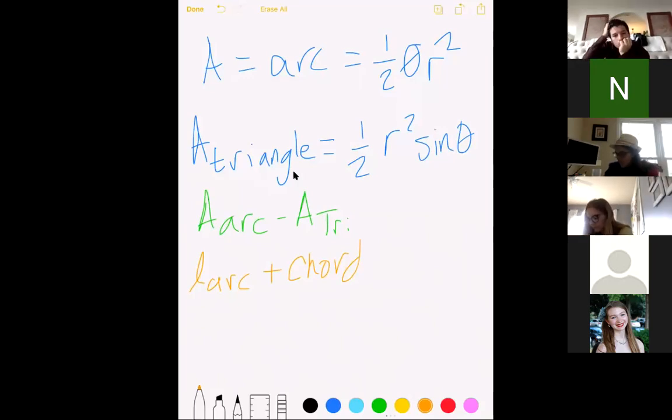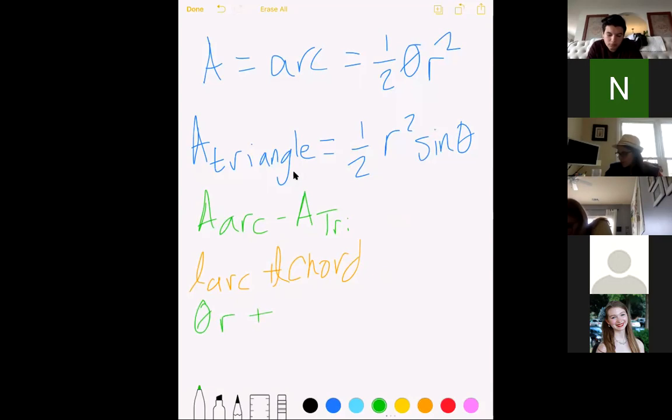We can find the chord just by finding the third side of the triangle. So the length of the arc is equal to theta r, plus the length of the third side of the triangle, which we can find using the cosine rule.